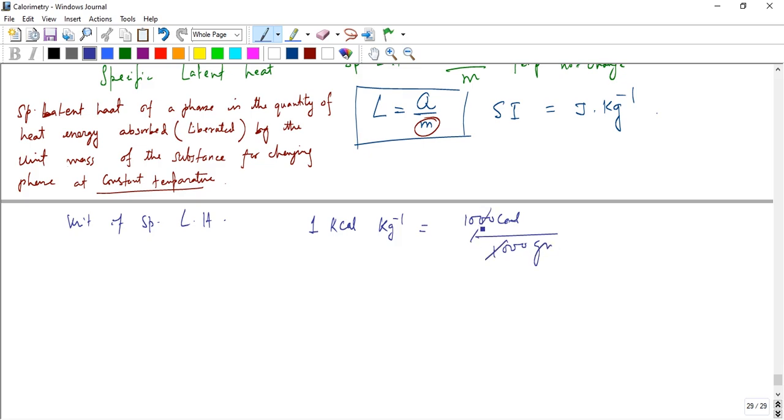We cancel these, so 1 kilocalorie per kg is also equal to 1 calorie per gram. And 1 calorie is equal to 4.2 joule.